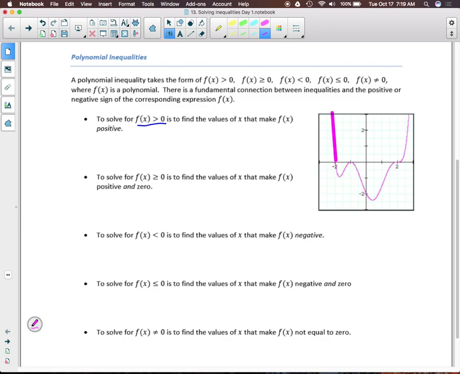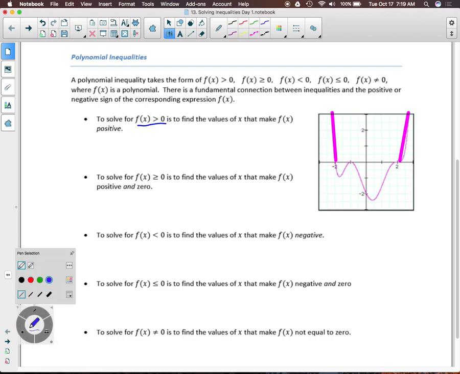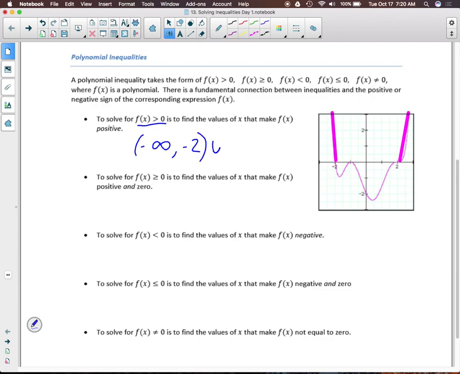I have this part right here, pretend like that actually curved. That's when this is greater than 0. So that's going to be from -infinity all the way up till -2. But it's not or equal to again, so I'm going to exclude -2, and then I'm going to pick it back up at +2 all the way up till positive infinity.